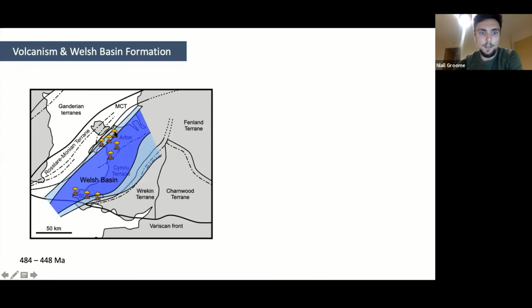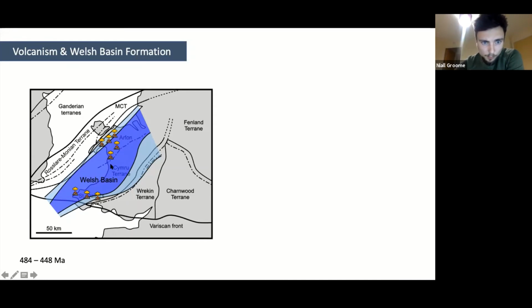Our volcanic centers will become essentially Snowdonia in this area, and also St David's in Pembrokeshire in the south. Again, we have material still being stacked up in front of the arc here.